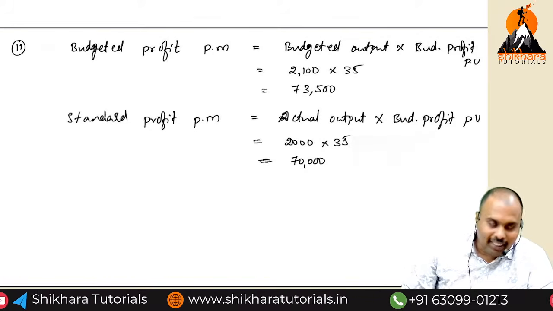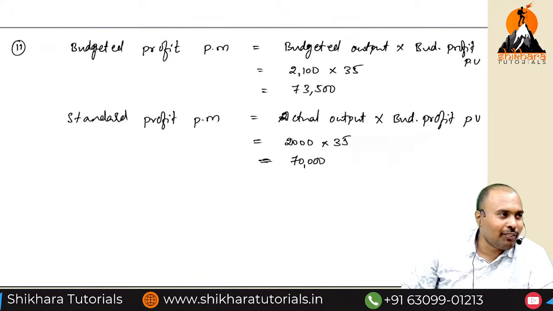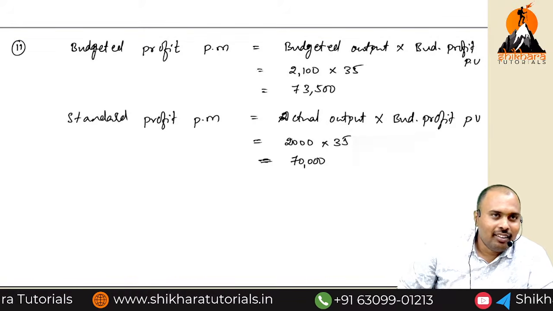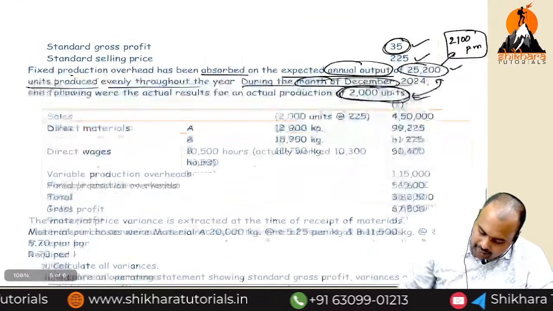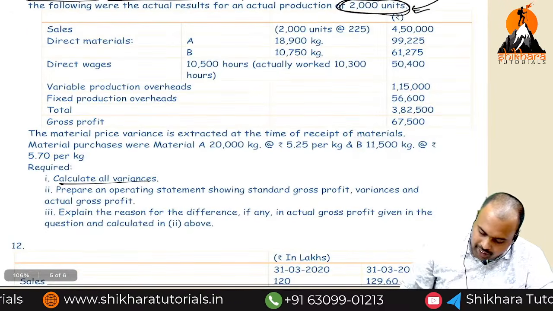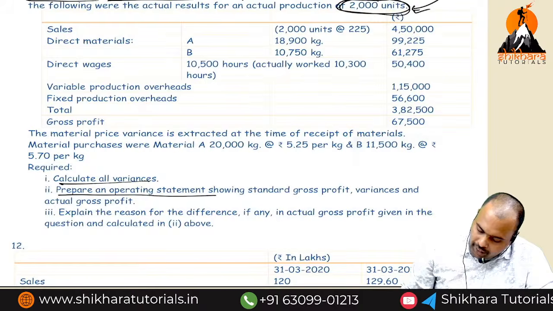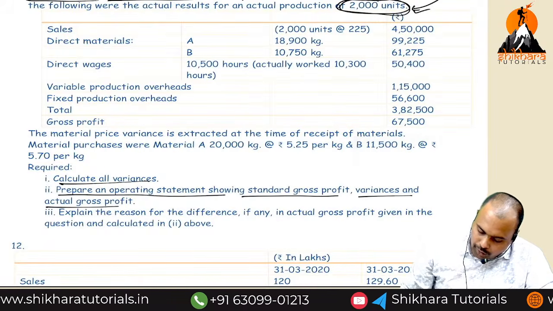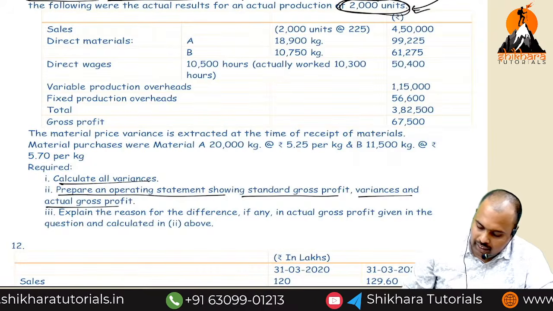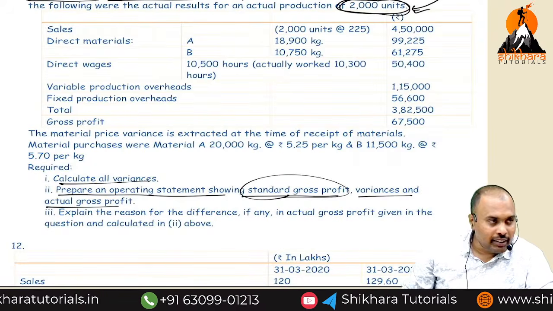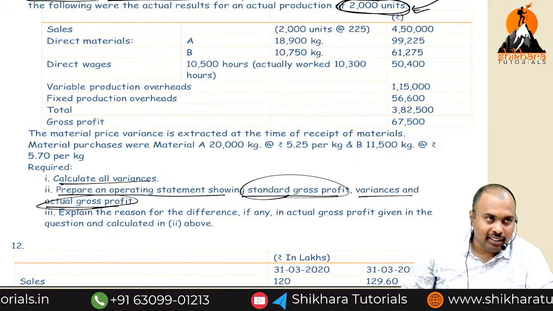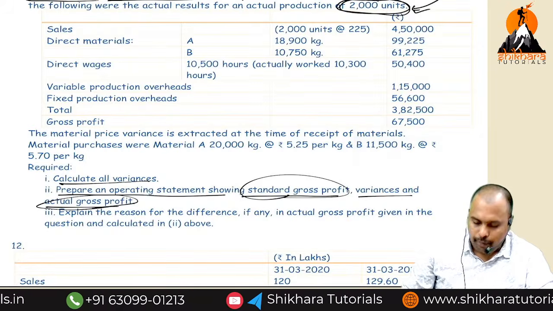Okay, let me calculate that also and show you, though it is not required to solve the reconciliation, because we already got standard profit, and at the end they're asking us to calculate all the variances and prepare an operating statement showing standard gross profit, variances and actual gross profit. That's nothing but a statement which shows the reason for differences between standard profit and actual profit. They didn't ask between budgeted and actual, but let me write it from budget.